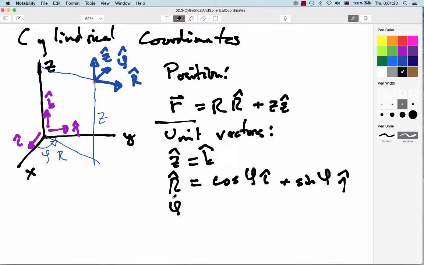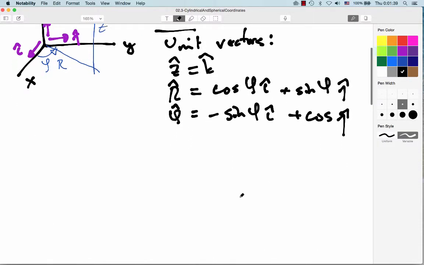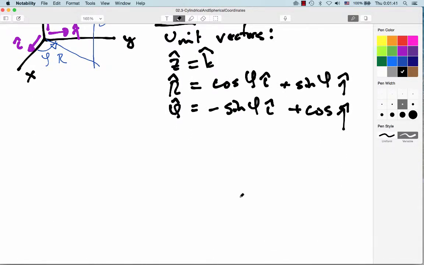And similarly, phi hat, everything being rotated around here, we will get that that is minus sine phi i hat plus cos phi j hat. So if you need to go in and out of Cartesian, that's how to do it. But once again, I would really suggest you try to avoid doing that if you can help it.